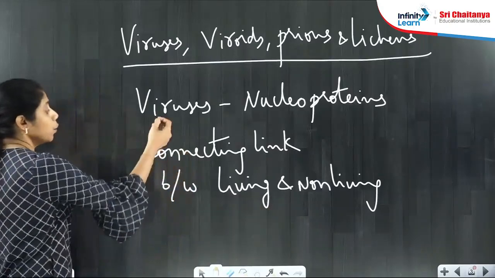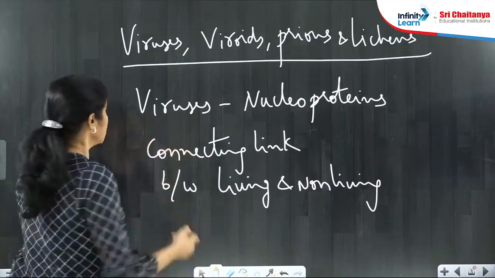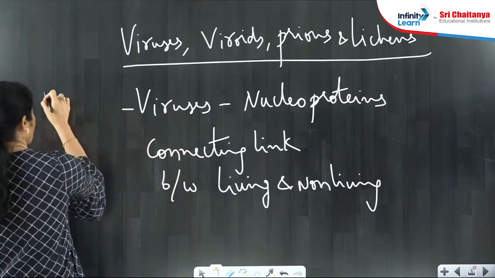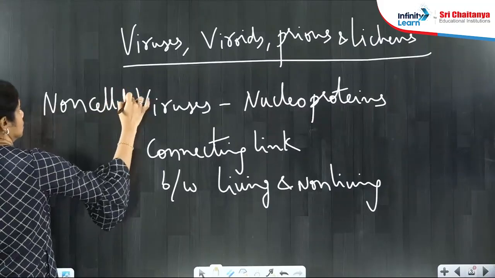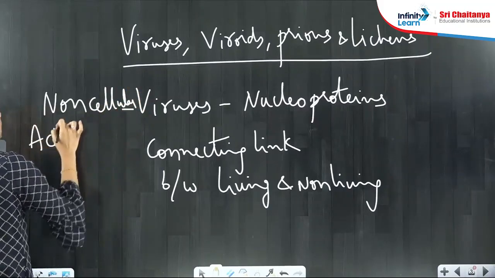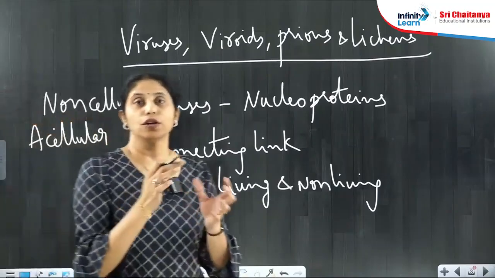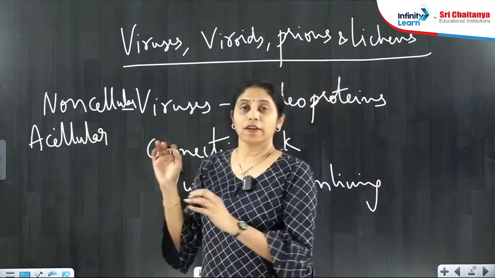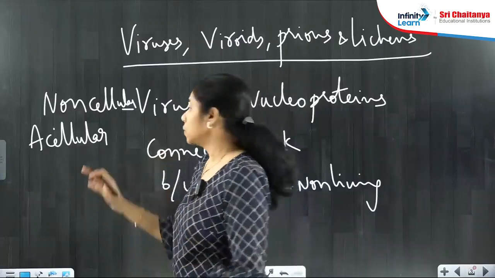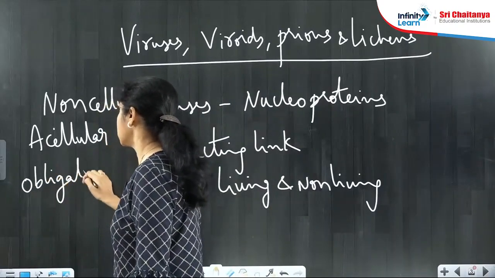But as I said, they don't have any cells, cytoplasm, cell wall, plasma membrane. These viruses are called non-cellular or acellular. But for their multiplication, definitely they need a host. So, they are called obligate intracellular parasites.